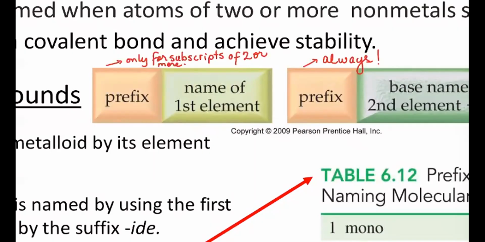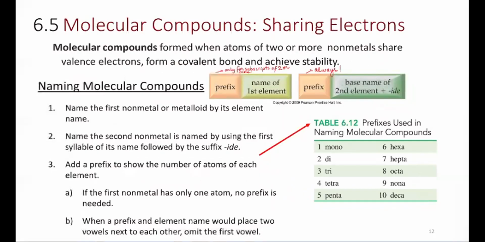Okay? Now, there is a rule when the prefix ends in a vowel and the element name starts with a vowel. When that occurs, understand that we're going to omit the vowel that we have at the end of the prefix, okay?